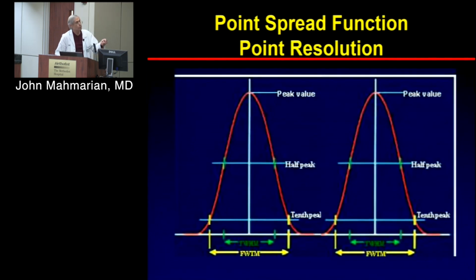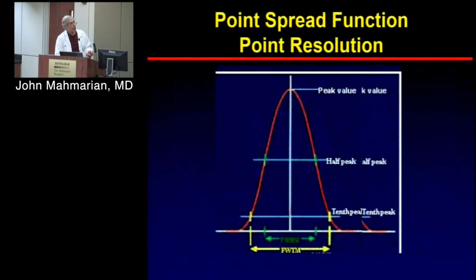So even though this point source would be broad due to the spatial resolution, you'd still be able to separate this point from this point. But imagine this scenario where you now have closer points. You have a point here and a point here. And now if you look at the full width half maximums, they overlap. So there's no way you would be able to determine that there are 2 separate points. You would say they're 1 point.